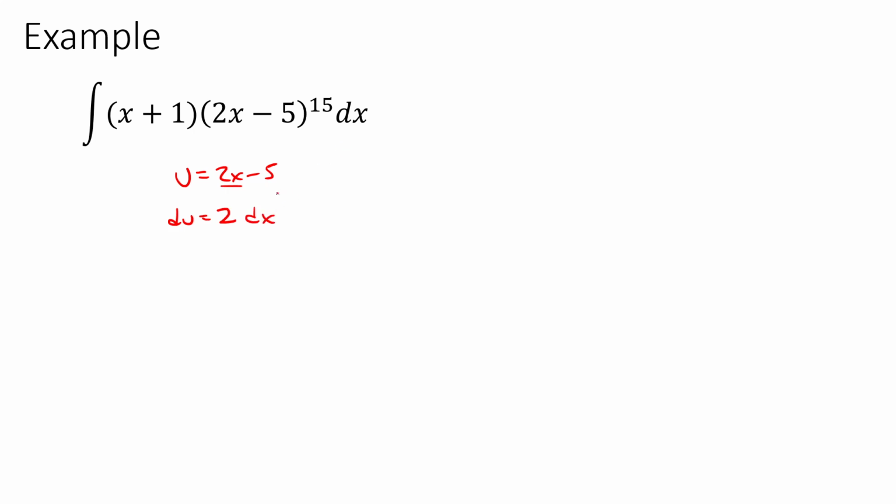So this is 2 dx, which means I want to get that alone because I just want dx. And then again, I'm going to rewrite x in terms of u. So add 5 to both sides and divide by 2.